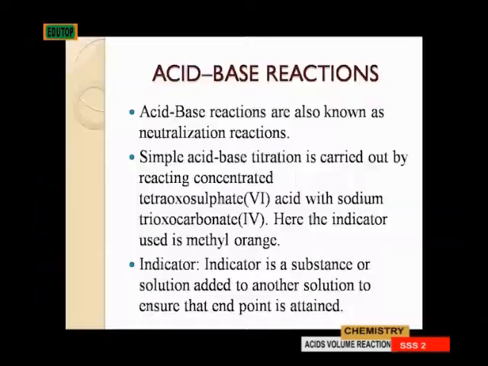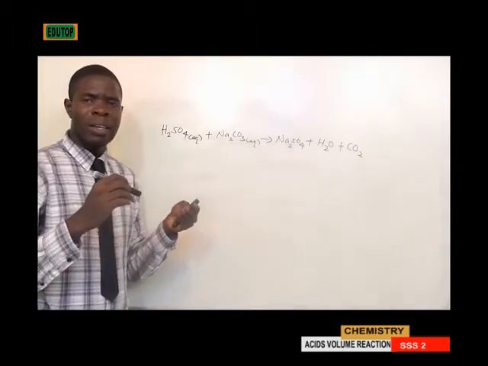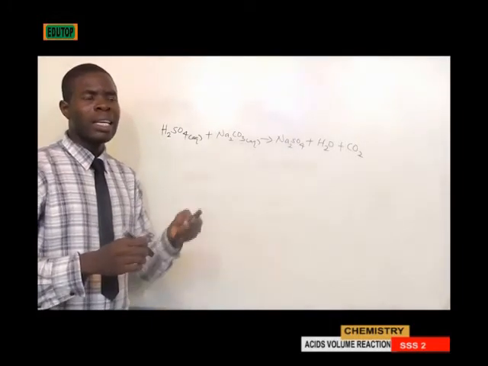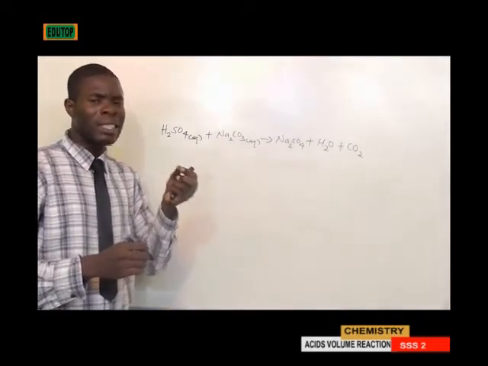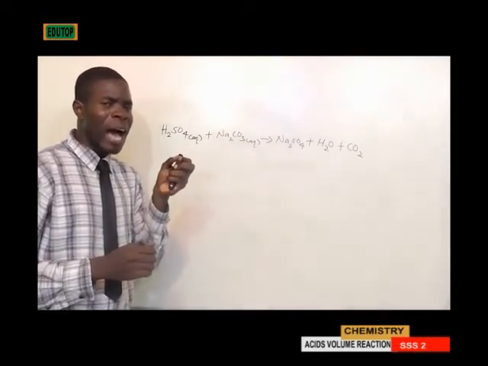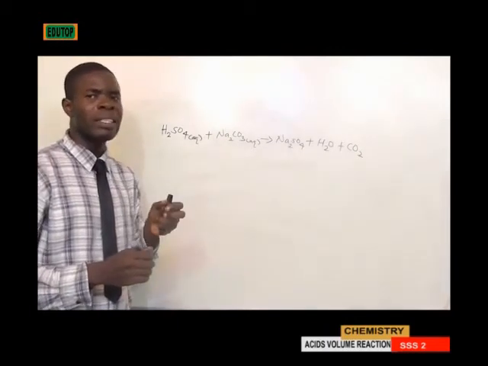Indicator. What is an indicator? An indicator is a substance or solution added to another solution to ensure that endpoint is reached. What is endpoint? Endpoint is that condition where you have slightly excess amount of acid at that point where it exceeds that of the base.